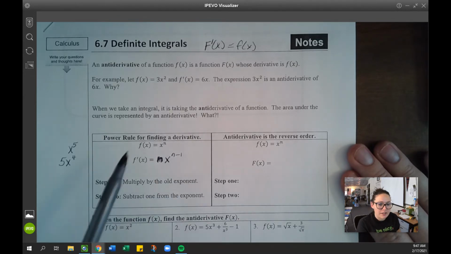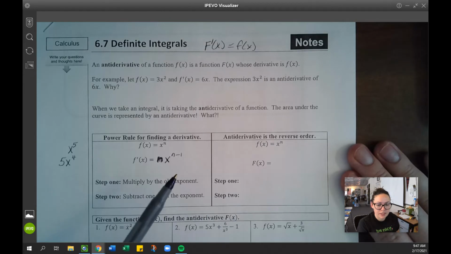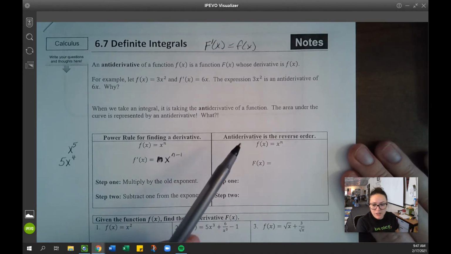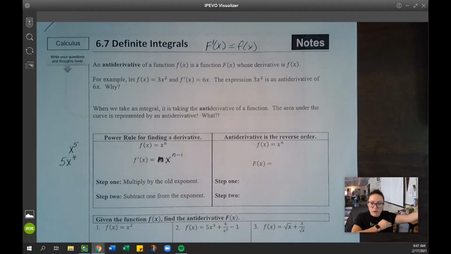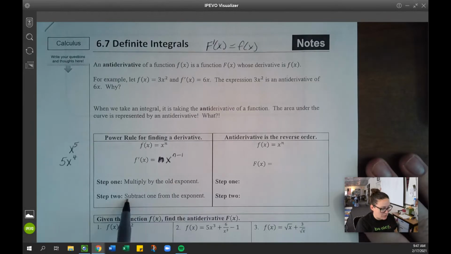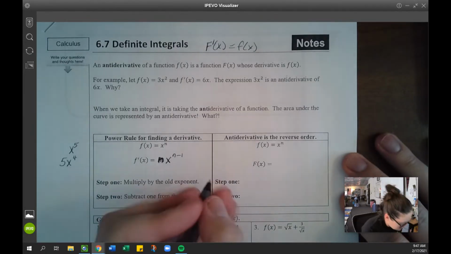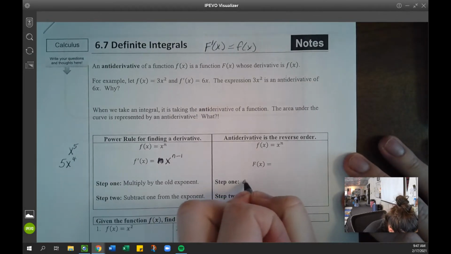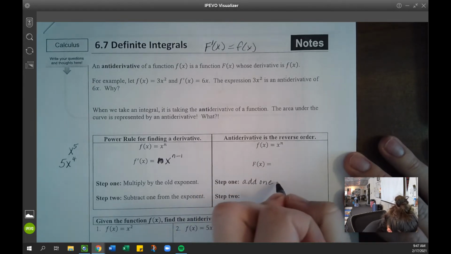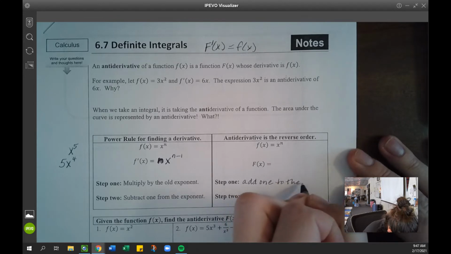That's our power rule. So this is the generic rule here. Now, for the antiderivative, we just undo everything that we did before. So we go backwards. What's the opposite of subtracting 1 from the exponent? Step 1 is to add 1 to the exponent.